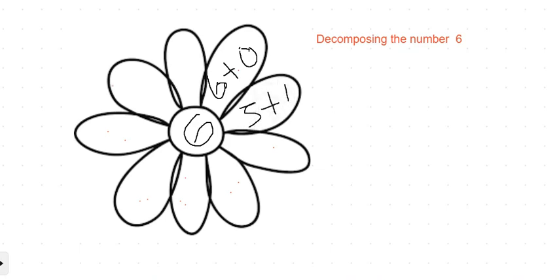We learned that 6 can be 4 plus 2. It can be what? 2 plus 4. It can be 3 plus 3. Any more? That looks like all of them to me.